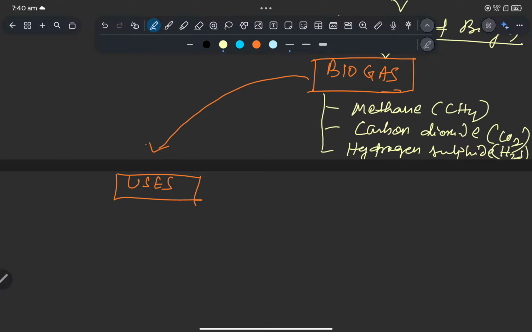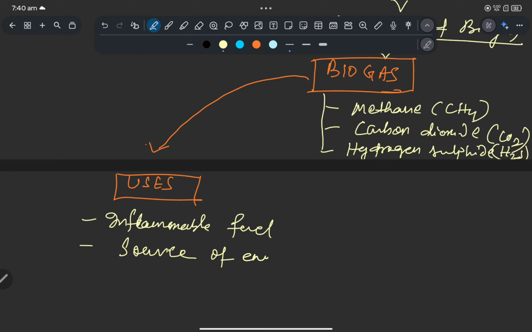This biogas is highly inflammable fuel and it acts as the source of energy, and that's why it is used for cooking or electricity generation.